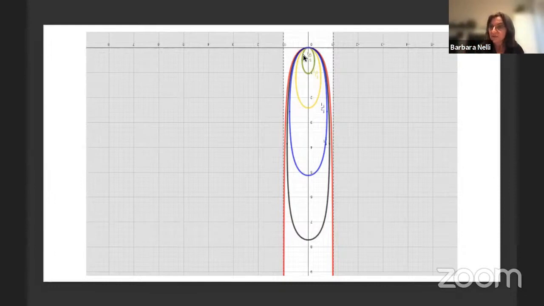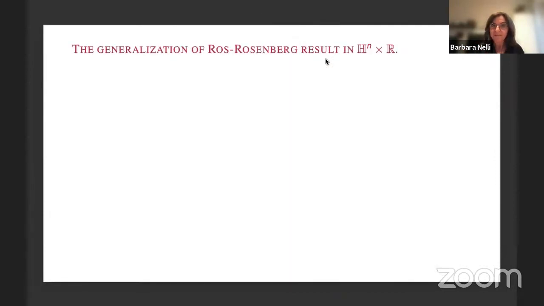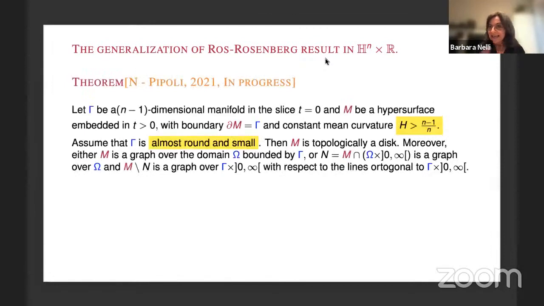You cannot really do the same thing that you do in the case of R^3. So let me state the generalization of the Ross-Rosenberg result. It's almost the same theorem. I mean, there is just some assumption that is very natural due to the fact that this surface is not going to be flat.